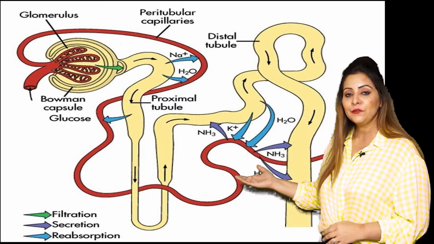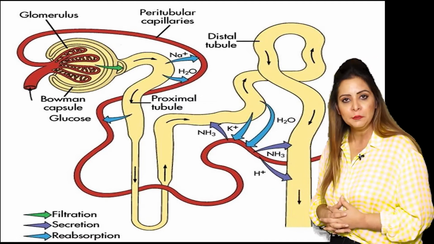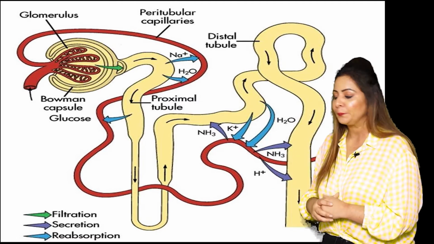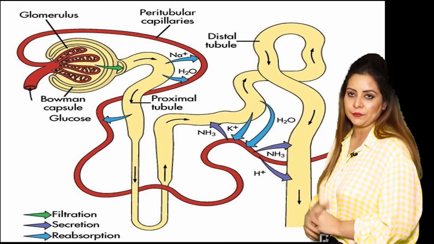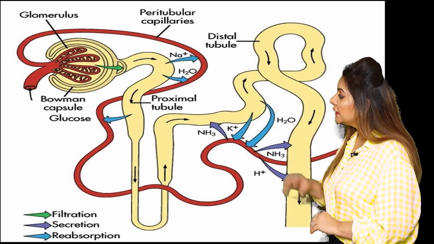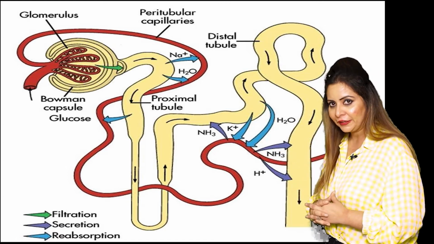So here we'll divide the complete nephron into different parts, right? Now we'll be taking the parts one by one. So the first thing, you can see a cup-shaped structure, right? And it encloses a tuft of capillaries, right?